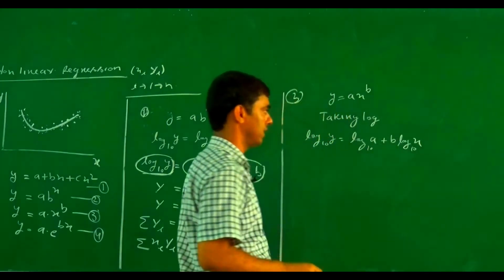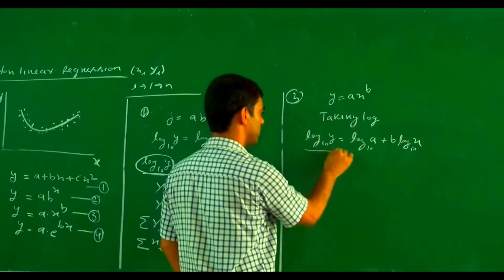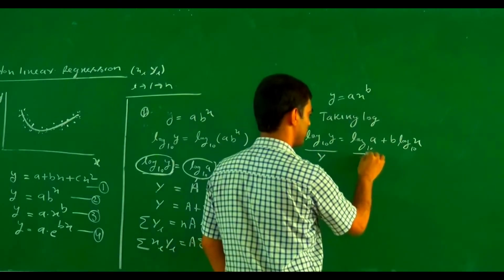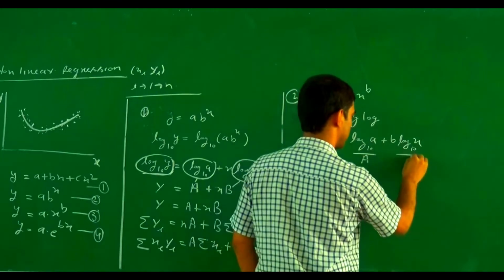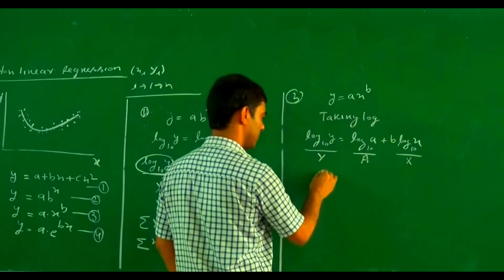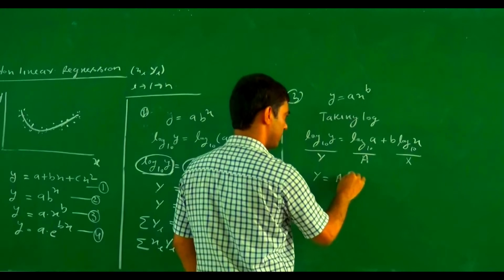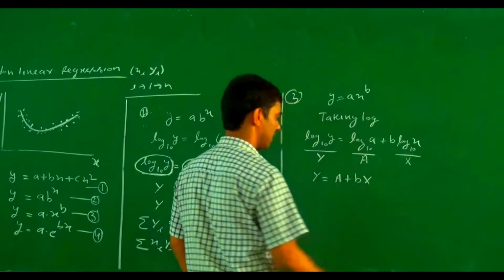If we take base 10, then this one is capital Y, this one is capital A, and this one is capital X. Then the equation becomes Y equals A plus b capital X.